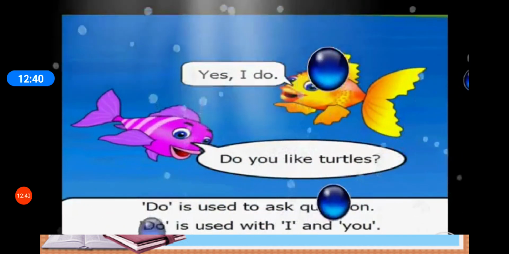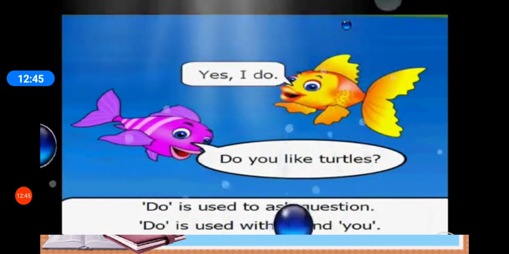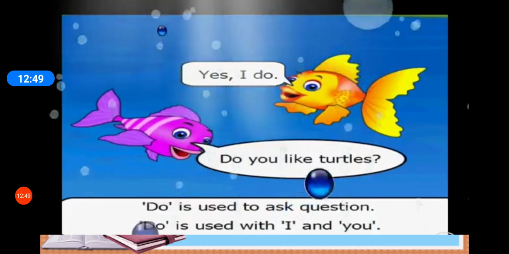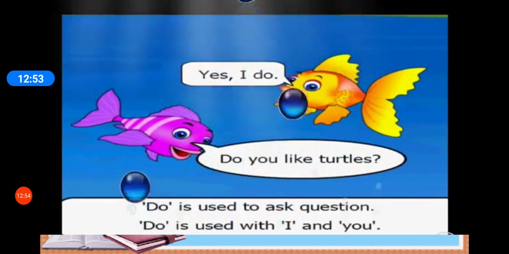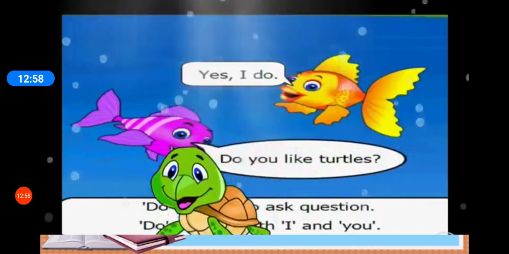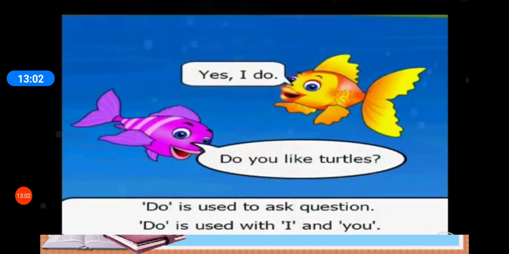You like turtle. This is a statement. I know that you like turtle. When we add do before it, it becomes a question. Do you like turtles? The reply is yes, I do. Do is used with I, you, etc.